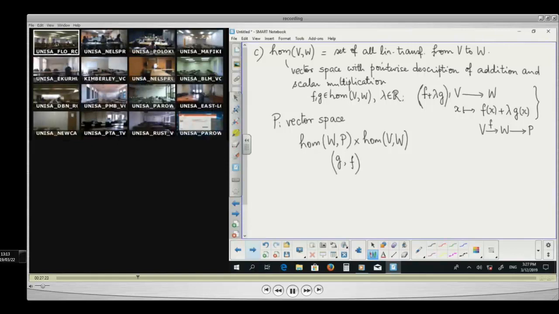So it commutes, it composes, and it gives me a homomorphism from V to P, which is the composite. I'm just describing a function, and I leave it to you to check.